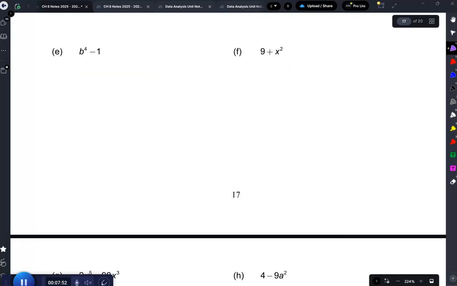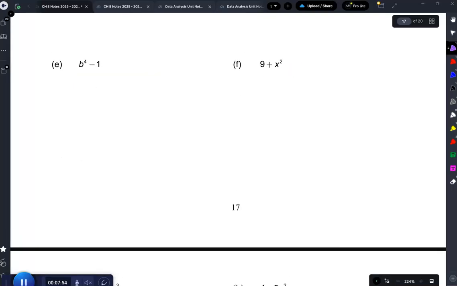Okay, so this one. Yeah, let me do this one. Okay? So this one, perfect square, minus in the middle. Square root of this, b squared. What's the square root of 1? 1. Plus, minus.